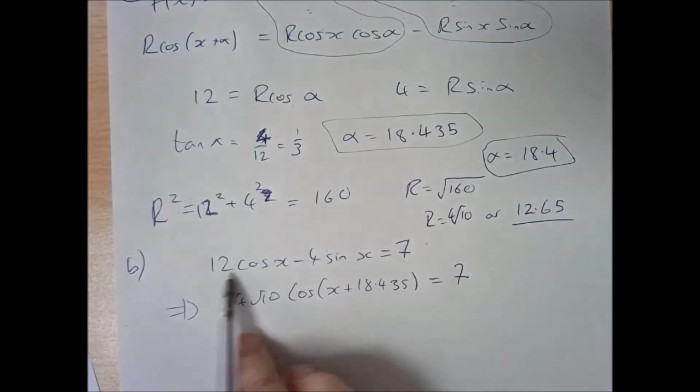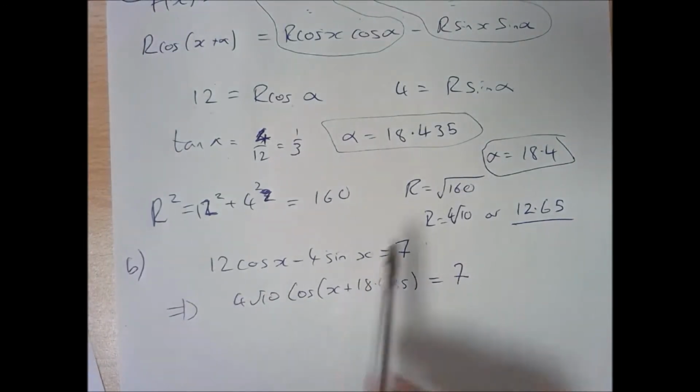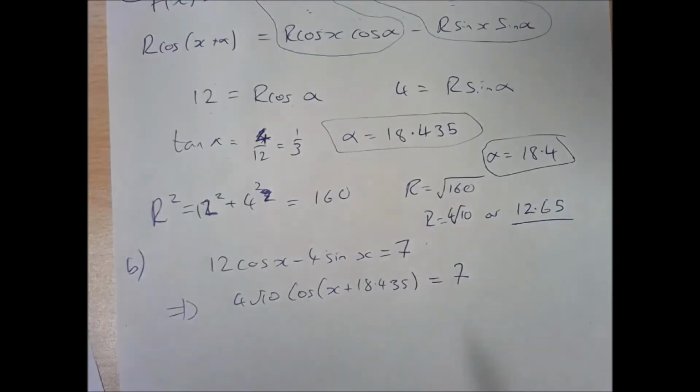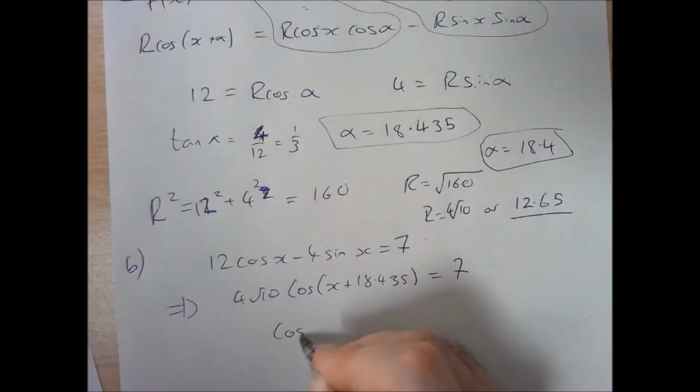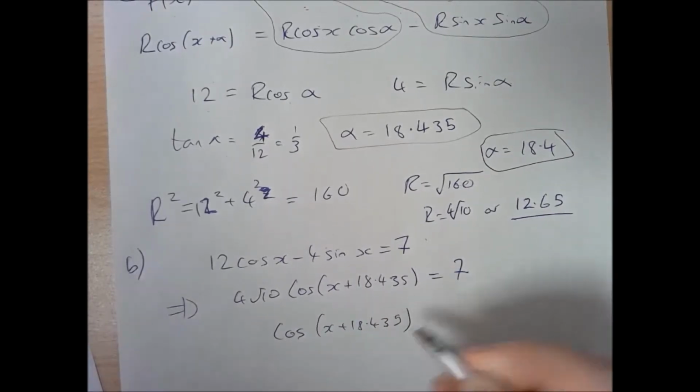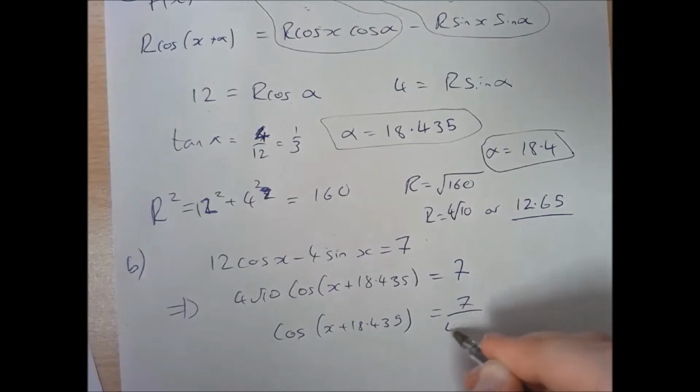All we've done is replace this with the result we had from part A with our alpha and our 4 root 10. We can now get cos of x plus 18.435 equals 7 over 4 root 10.